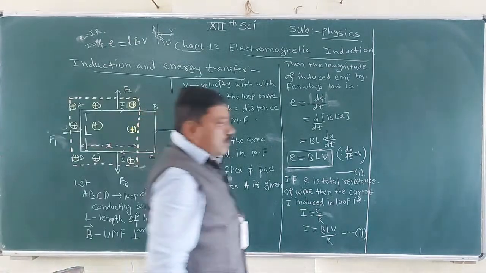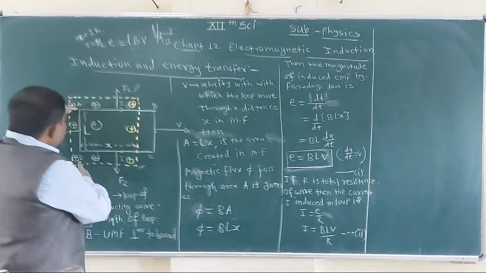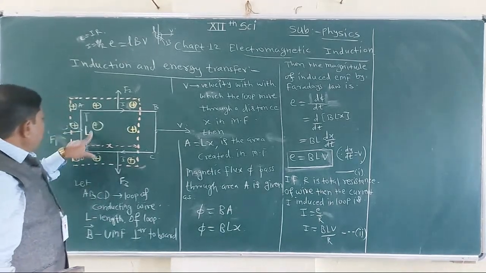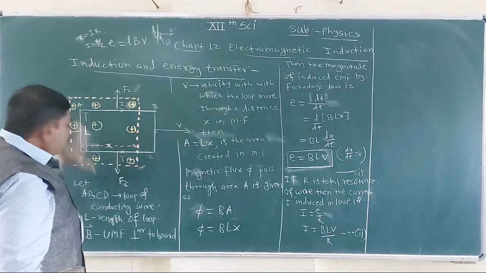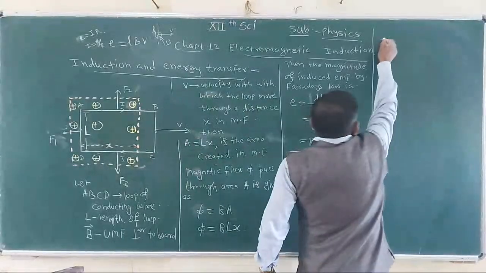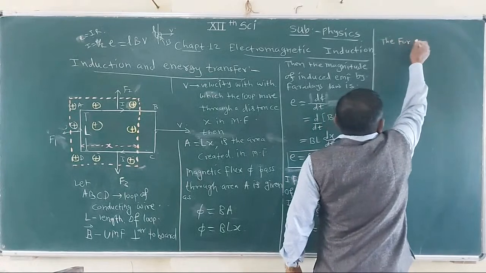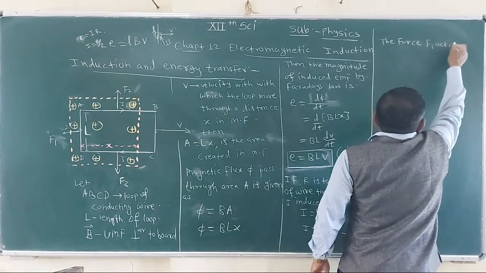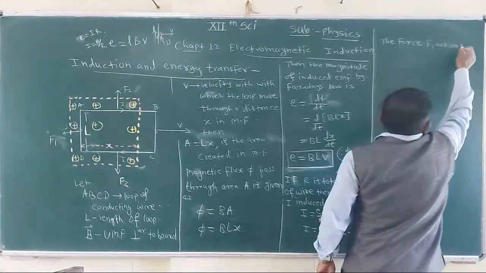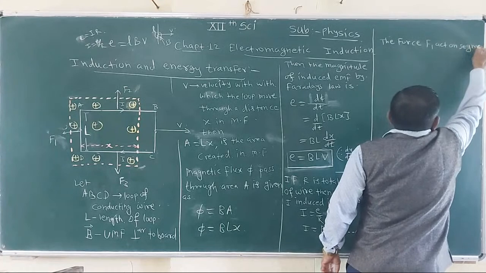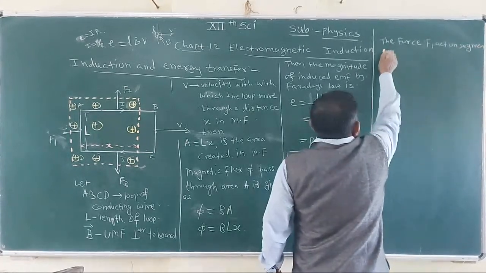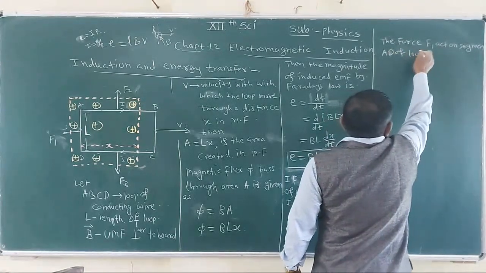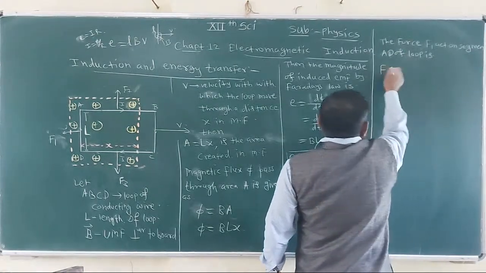So the force acting on the conductor AD, obviously the force F1 acting on the segment AD of the loop is F1.